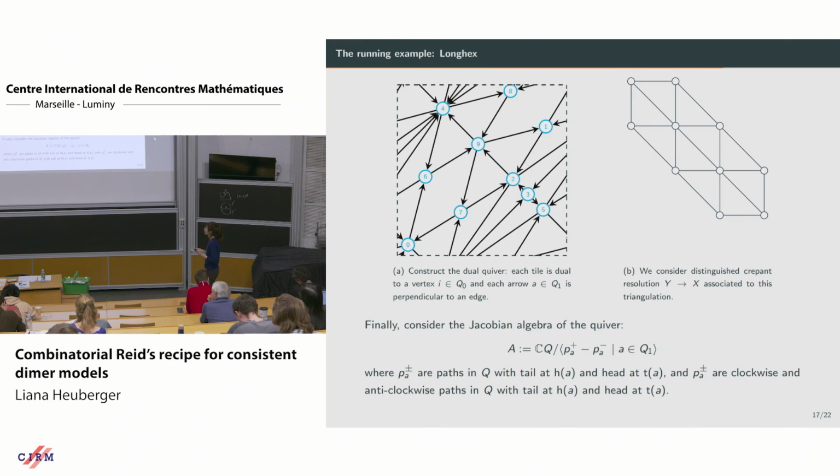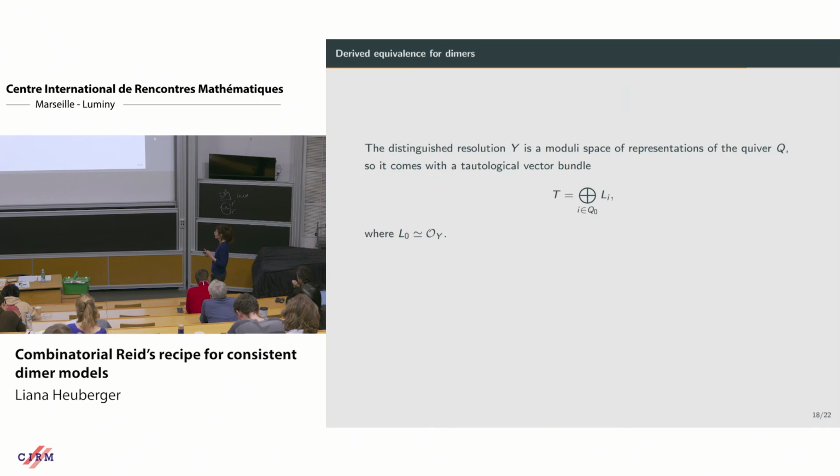And now, once you've associated these two objects in this combinatorial way that I have not described, you obtain that the resolution that I wrote on the previous slide is a moduli space of representations of the quiver that you had on the left-hand side.